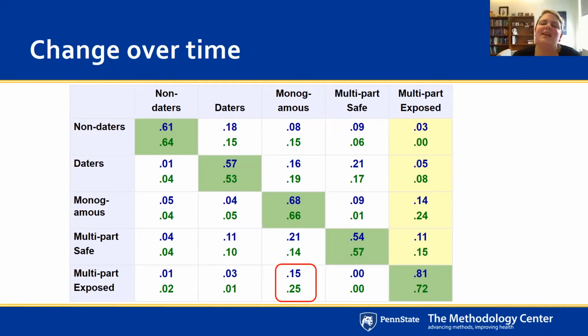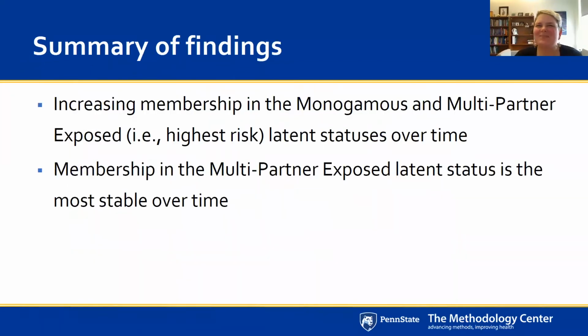And what we can see is that from time 1 to time 2, and then again from time 2 to time 3, 0% of the people report moving from multi-partner exposed to multi-partner safe. So we have a ways to go in that dimension.